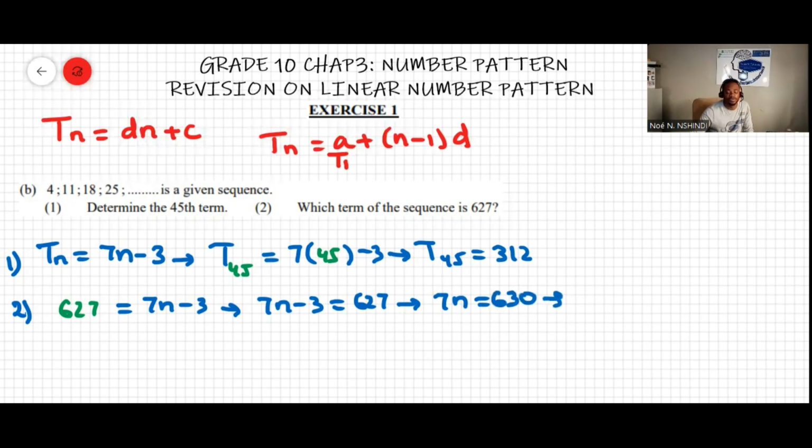And now we divide each side by 7, and that makes 90. So therefore, we can say T90 is equal to 627. So it was term 90.